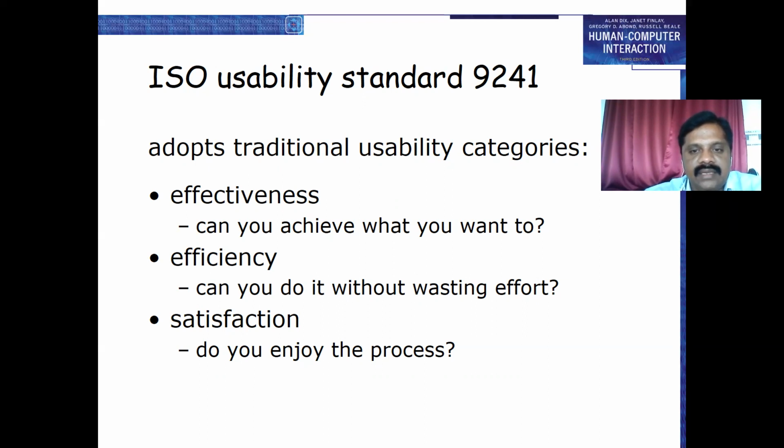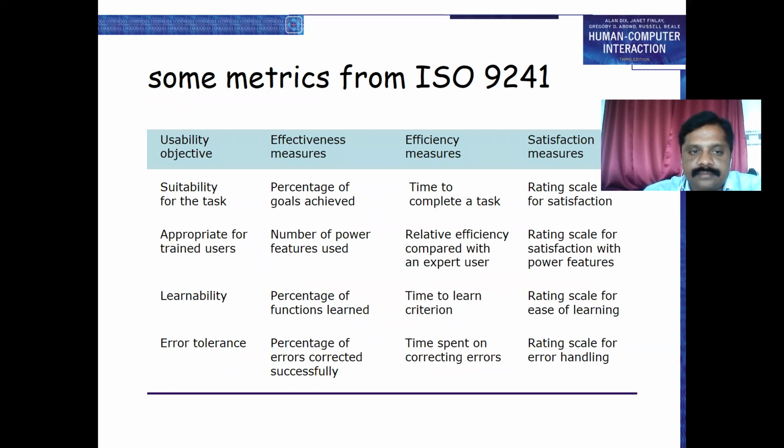So these are the three categories of usability. We also have some metrics from ISO 9241: usability objective, effectiveness measures, efficiency measures, and satisfaction measures. Based on this only, we provide some ISO standards.